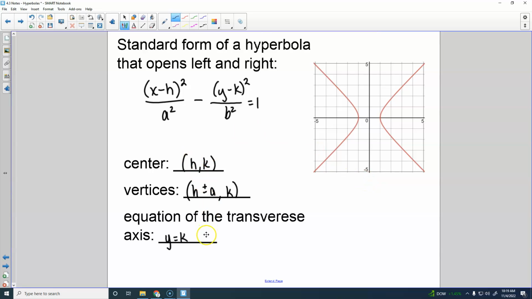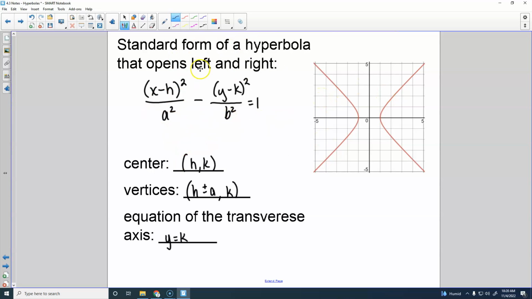But what I will be asking you for are center, vertices, equation of the transverse axis, and I may ask you to write or sketch a very basic graph of what it will look like, okay? But I will not ask things beyond that.